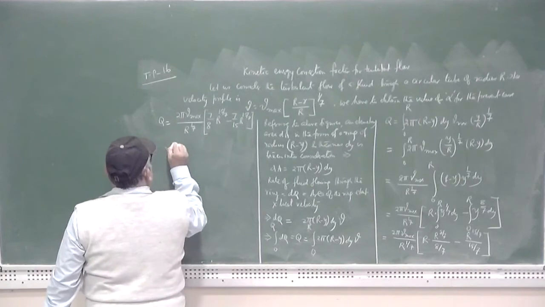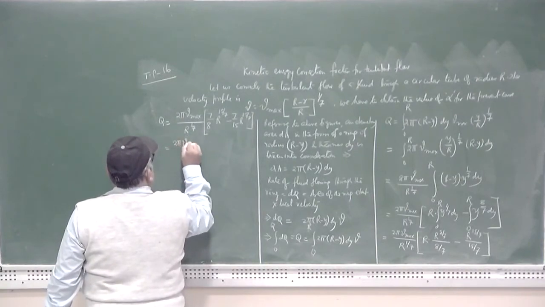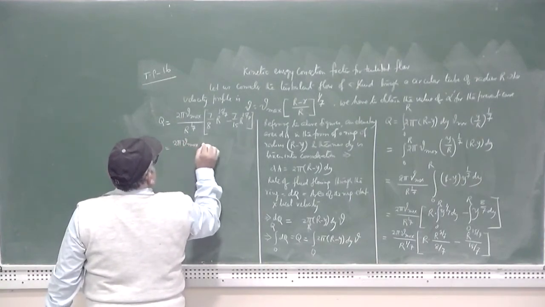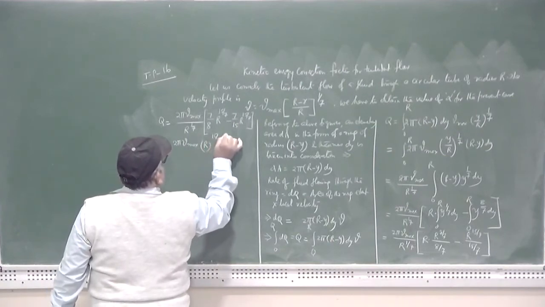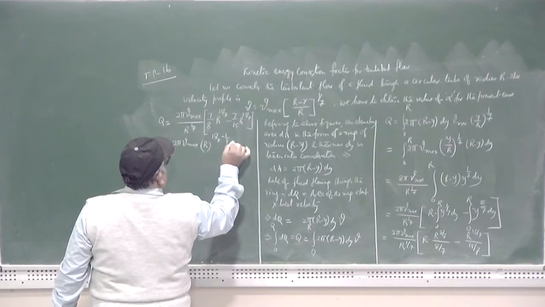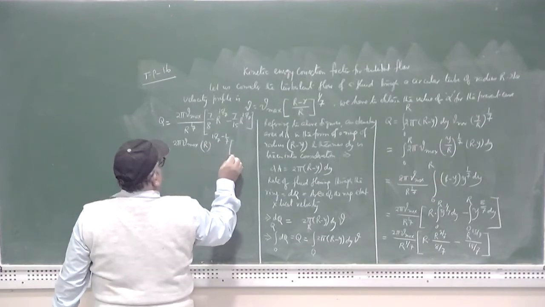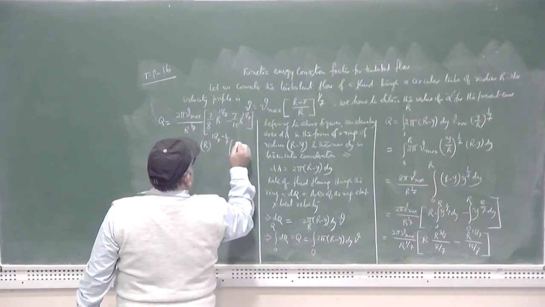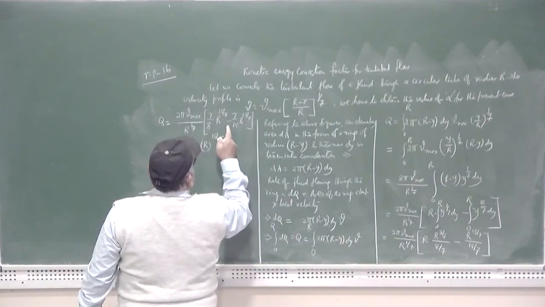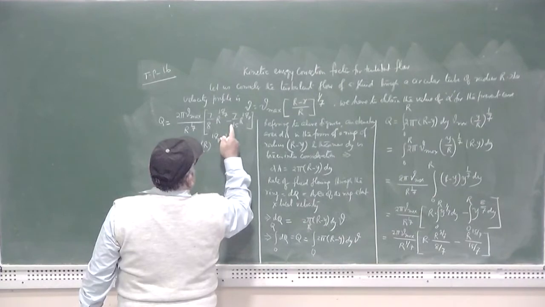So, that can be written as 2 pi V max into R raised to the power 15 by 7 minus 1 by 7, into this R 15 by 7 can be taken out. So, 7 by 8 minus 7 by 15.